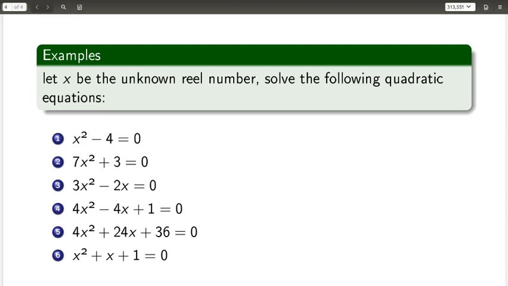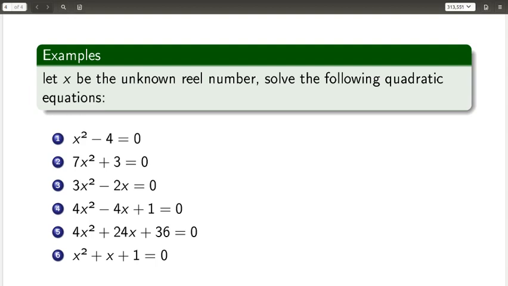In this case, we have two different solutions, which are 2 and minus 2. We don't need to use the property above or to calculate the discriminant delta.